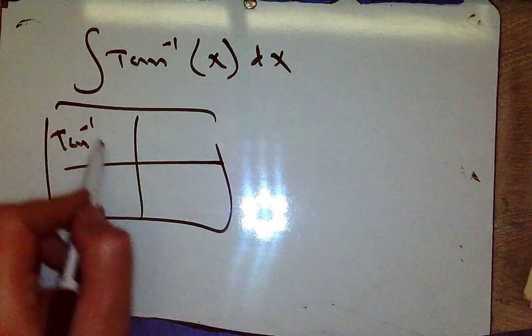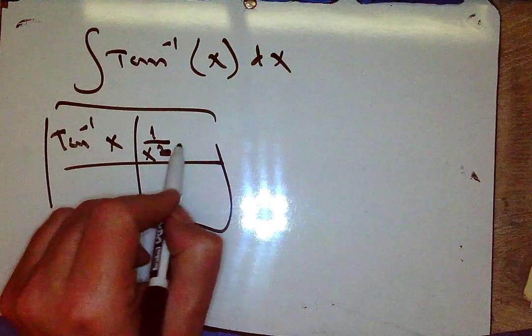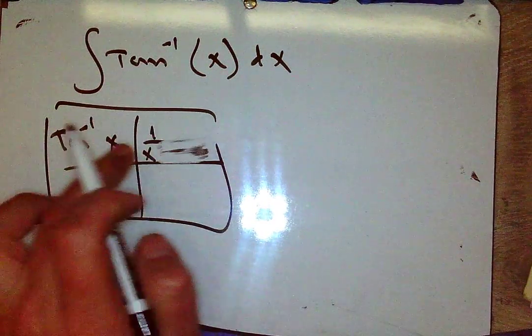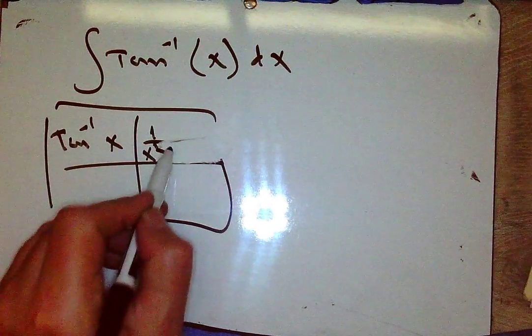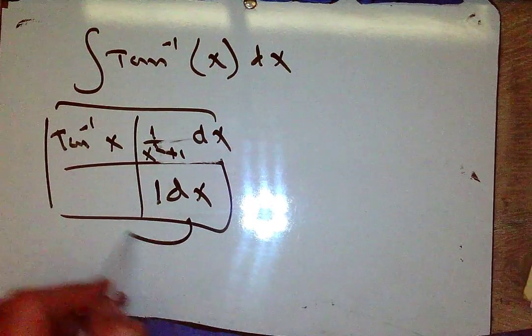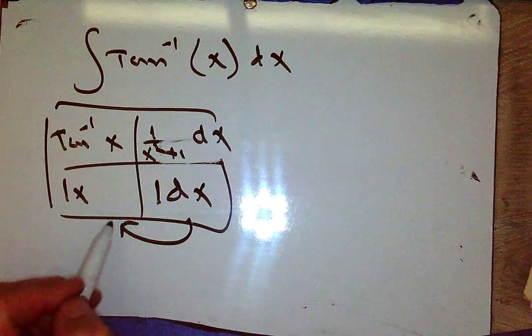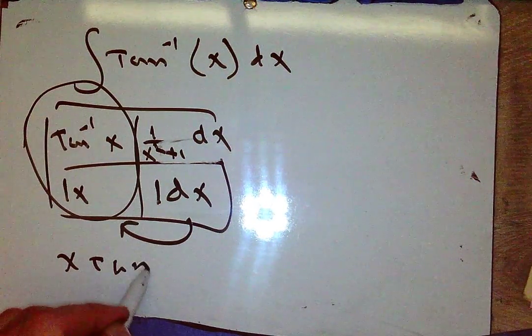So what I know about tangent inverse is x squared plus 1 dx. That leaves only a 1 here, or 1x here. So let's multiply those together.